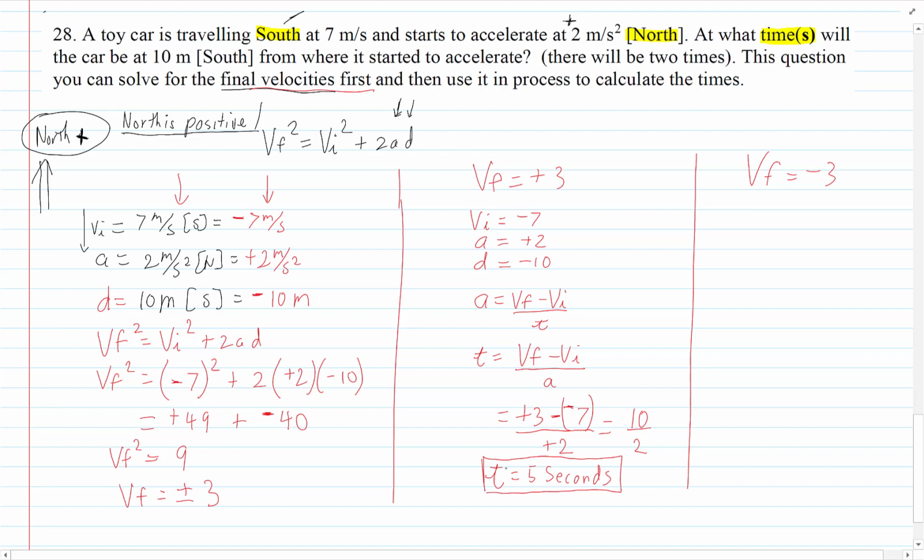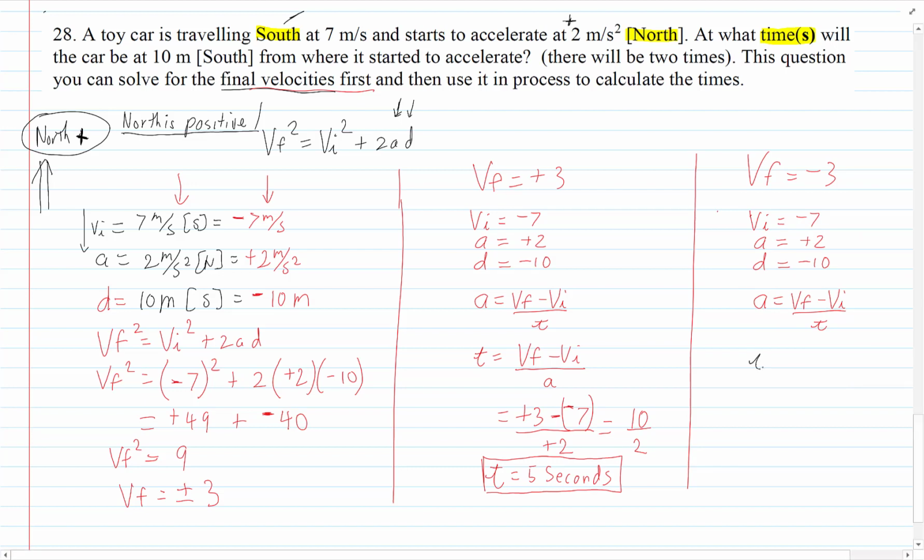And we're going to copy all this stuff over because we're going to do the exact same thing again. Same initial acceleration. Doing it the same way. I'm going to do it in black this time.